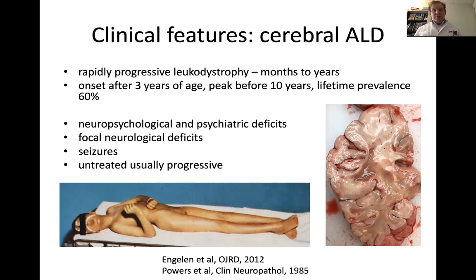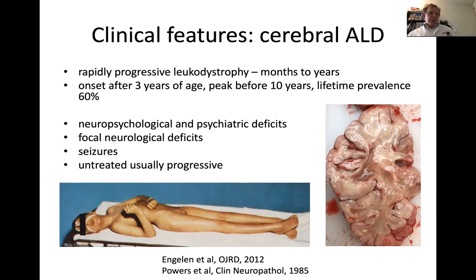So what are the symptoms? Well, not that different from any other leukodystrophy. Small white matter lesions are, of course, clinically silent. And then when the lesions progress, the first symptoms are difficult to recognize because they are not specific. They are mostly neuropsychological and psychiatric.